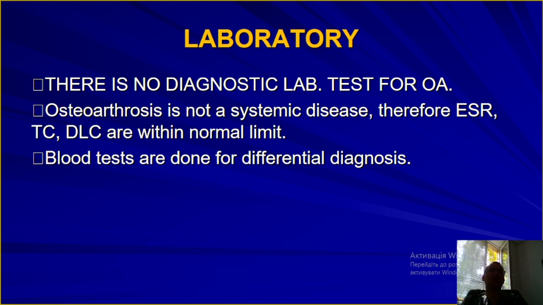We can evaluate the activity of catabolic or metabolic changes in the joints, but it has very little practical value. So mostly it is for science, to understand how different remedies are acting.